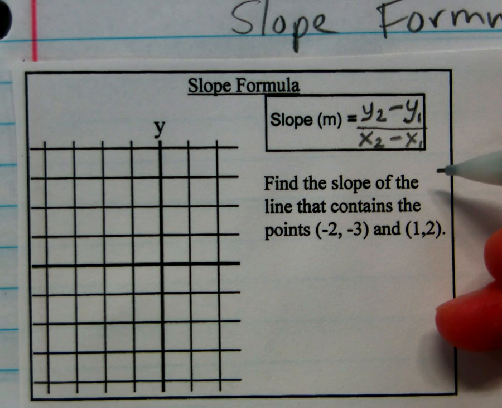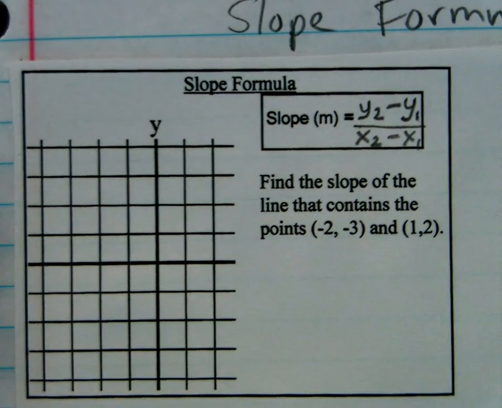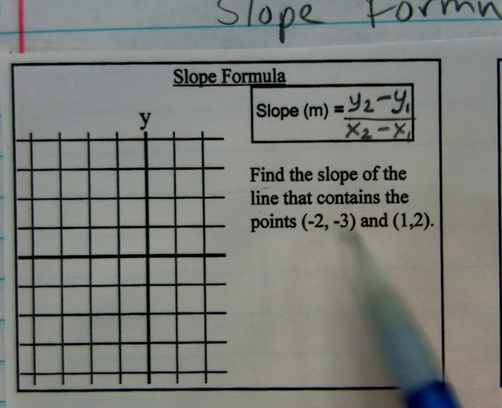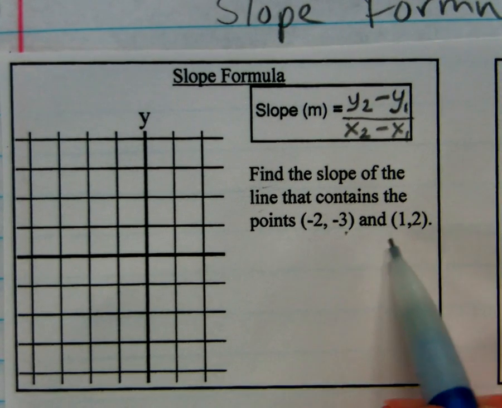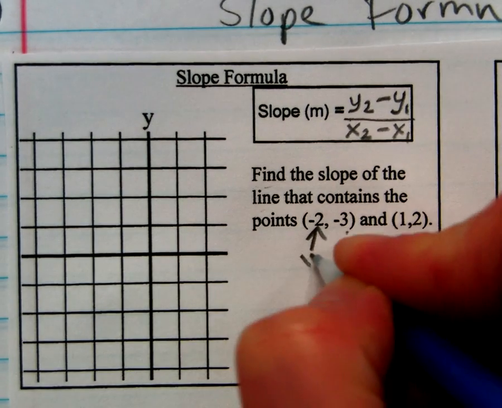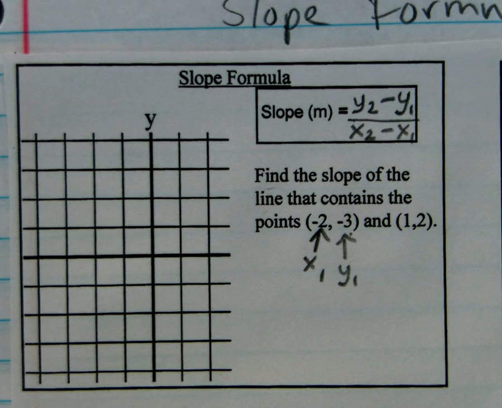Yes, question? What gives you the 2 and the 1? I'm going to show you here in a second. It just means second and first. So if we look at this problem that they've given us down here, find the slope of the line that contains the points -2, -3, and 1, 2. Basically, in the first point, this would be x1 and y1. It just means the first x and the first y.